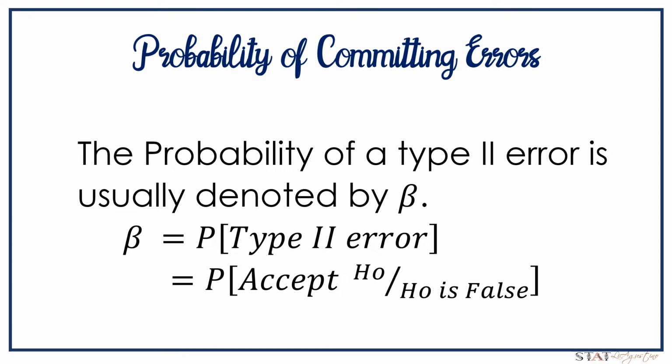But usually in our hypothesis testing, we will just use most of the time the alpha, which is the level of significance, the 5% or the 1%.